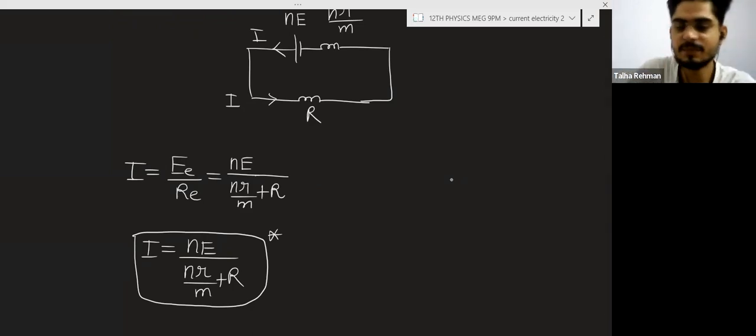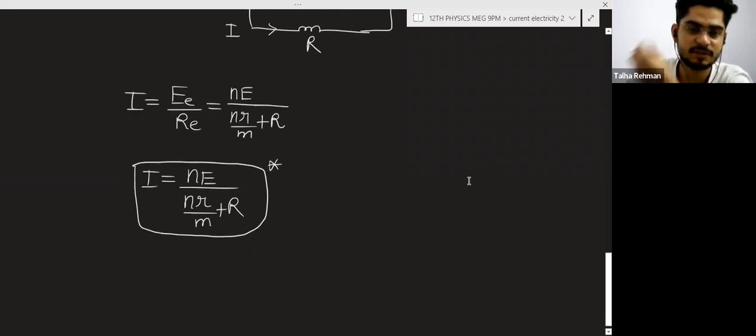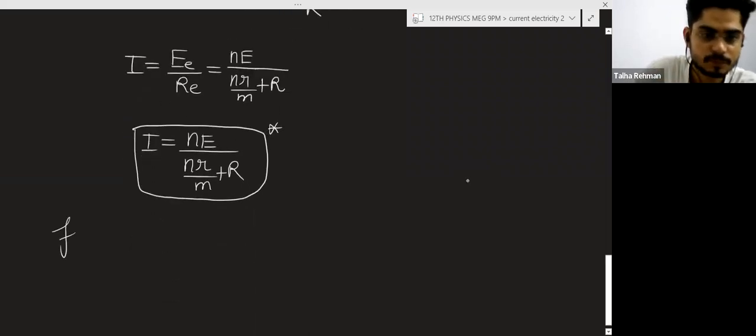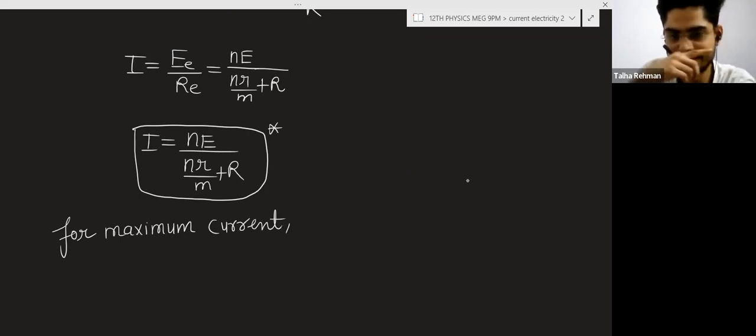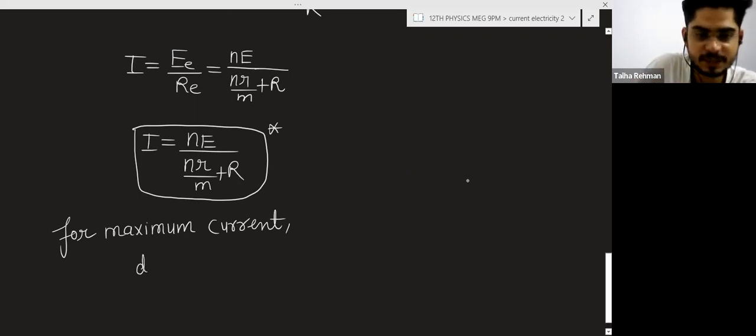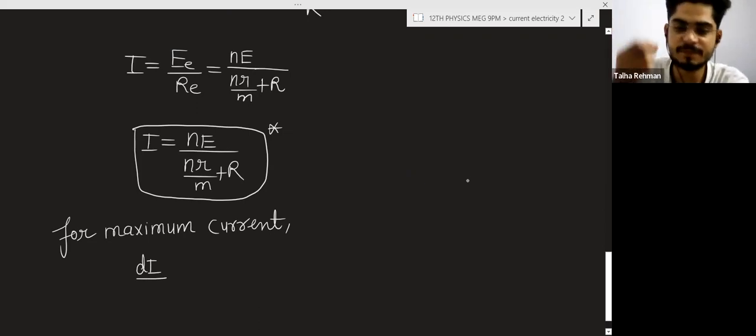And if you want the maximum current in your circuit, for maximum current, you will differentiate this. We will actually use maxima and minima.